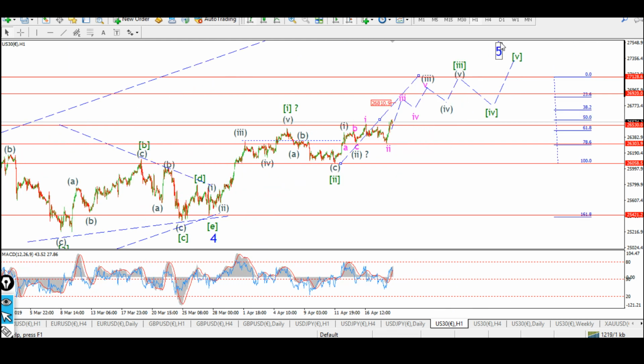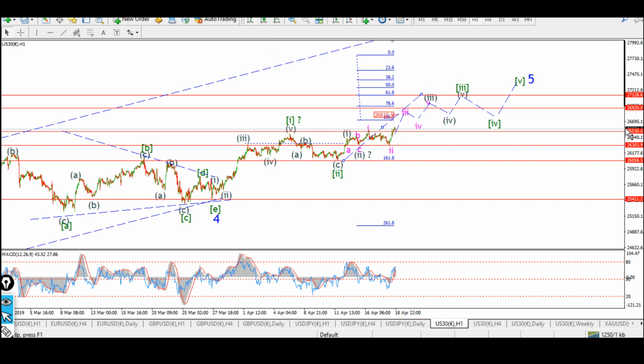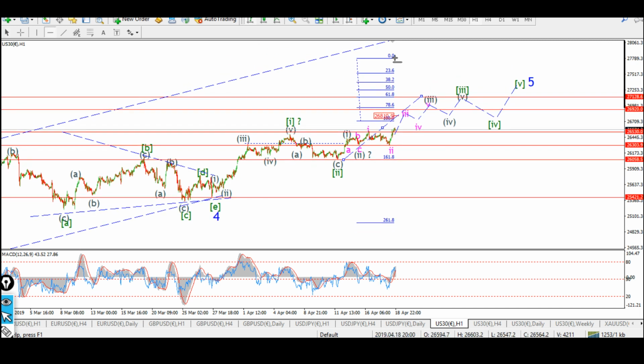So 27,128 would be the target area for wave 3 to complete, and then you could extend that higher with the 162% extension, and that would give you a level up at 27,700, so the upper 27s to complete altogether for wave 5.